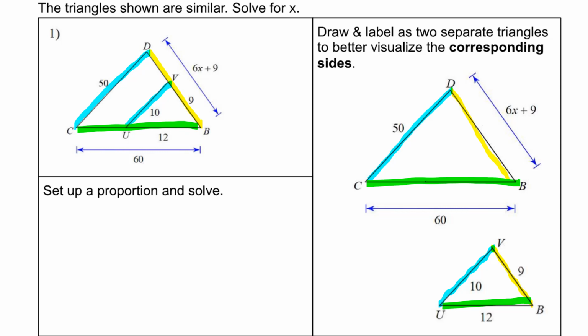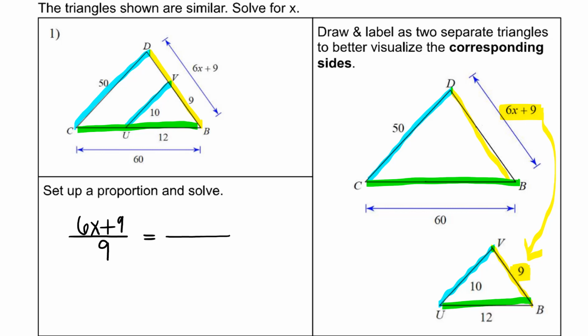Now that we know the corresponding sides, we can set up a proportion to solve for x. I like to always start with the big triangle, big over small. So I'm going to put the side with x in it, which we need to find, over its corresponding side in the smaller triangle, big over small.